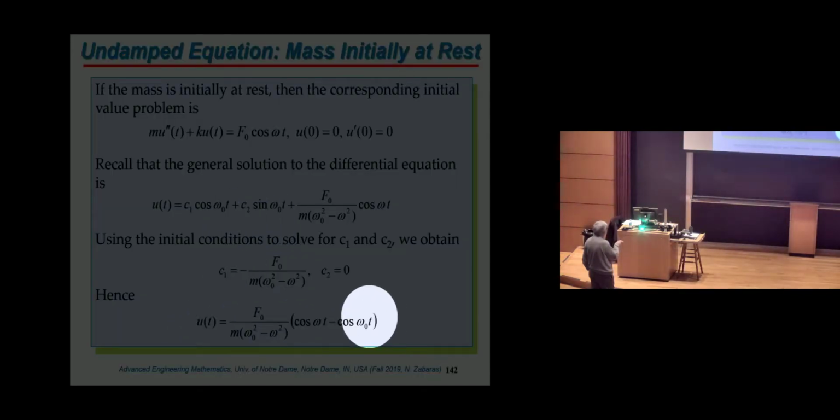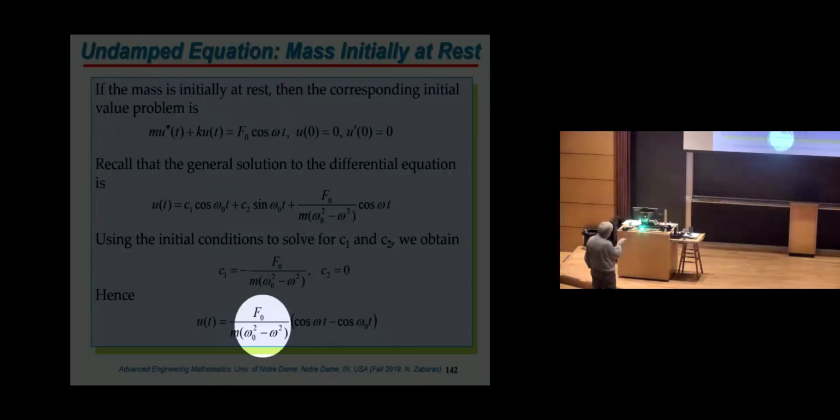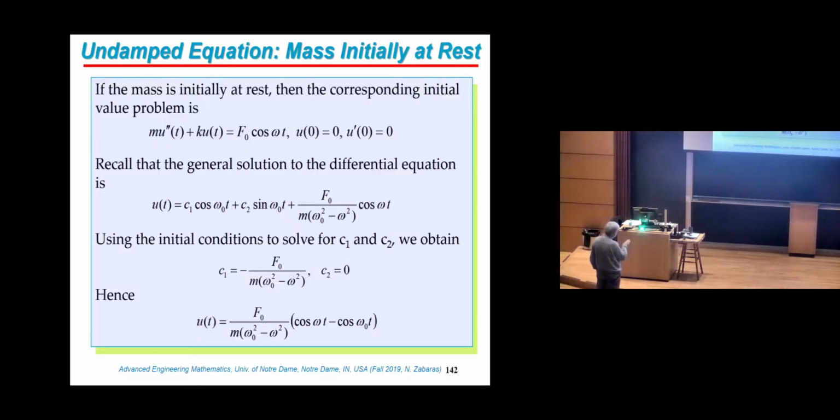So again, this is the solution for no damping, with an external frequency in the force omega, and omega 0 being the natural frequency. And actually, you can see in this example right away the resonance effect. If omega equals omega 0, this goes to infinity.